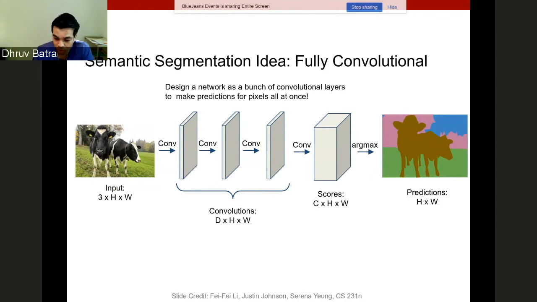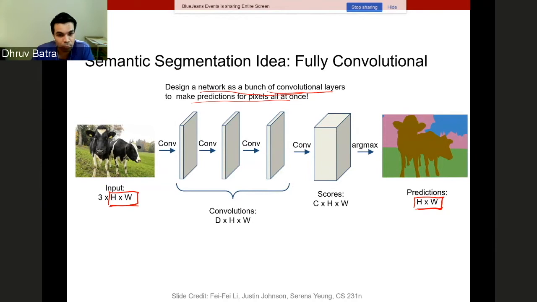One of the main problems with semantic segmentation is that you need an output which is the same spatial dimension as the input. One way of saying that is, okay, I will just never lose spatial resolution. I will design a network that performs convolutions and never has any stride greater than 1.